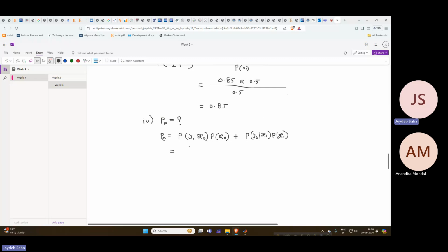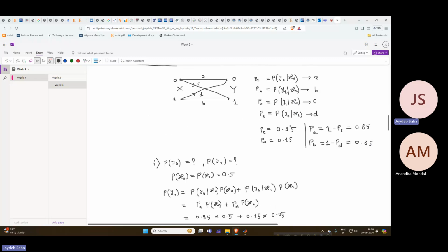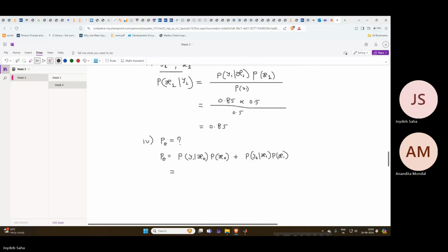So what is probability of y1 upon x0? y1 upon x0 means pc. Pc is 0.15, into p of x0 is 0.5.